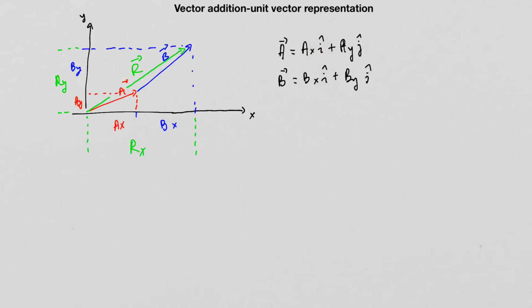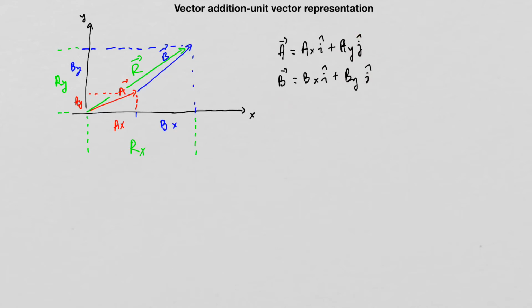So when I'm adding the two together, essentially I'm factoring out i-hat. Similarly, the y component of R is equal to the y component of A plus the y component of B. And so when you look at the unit vector representation of those two vectors, the y component of A is multiplied by j-hat, and the y component of B is multiplied by j-hat. So if I'm adding the components, that's the same as adding those two terms, factoring out j-hat.